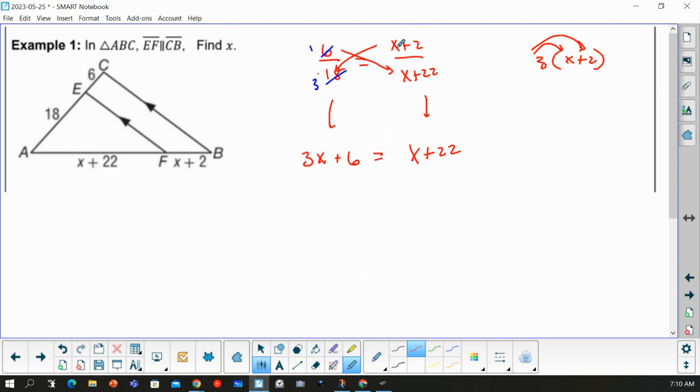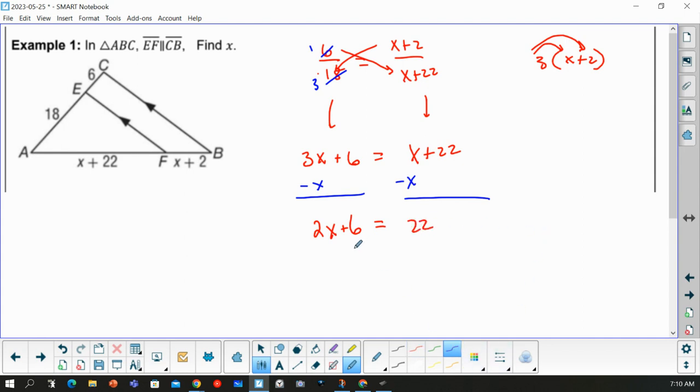So on this side, we've got 3x plus 6. On this side, we have x plus 22. Now let's work out the solving part. I'm going to subtract x from both sides. On this side, 3x minus x is 2x, my 6, my equal sign. The x's are gone, and I have 22.